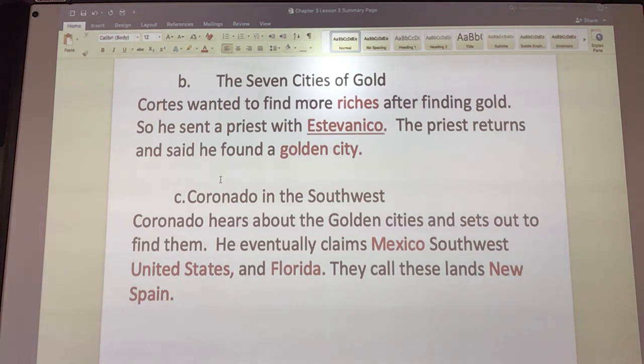Landon, this one? Got them filled in okay? This one? Yes. That's Florida. So I put Southwest here, United States got its own one, Florida down here. Wait, and what's the other one?